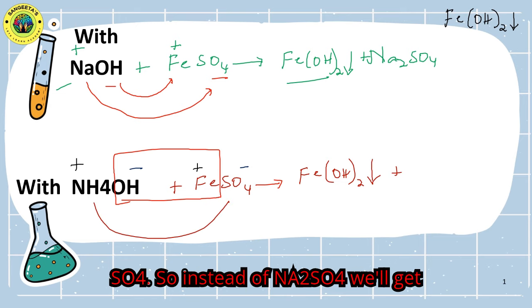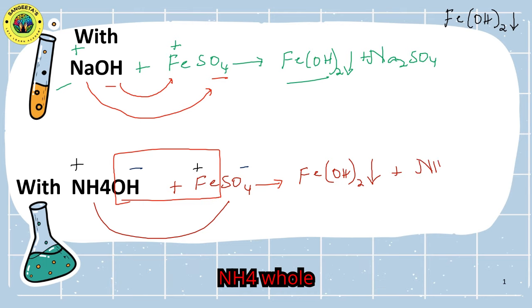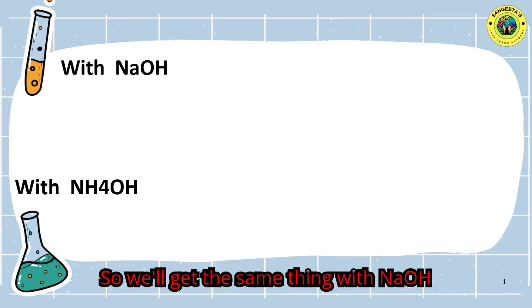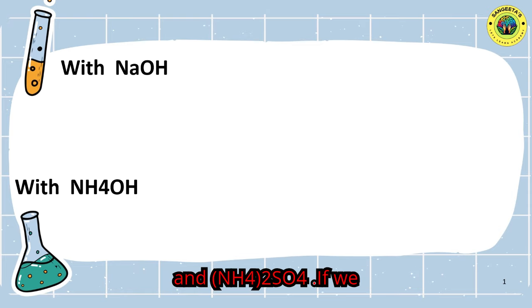So instead of Na2SO4, we'll get (NH4)2SO4. So we'll get the same thing with NaOH and NH4OH.